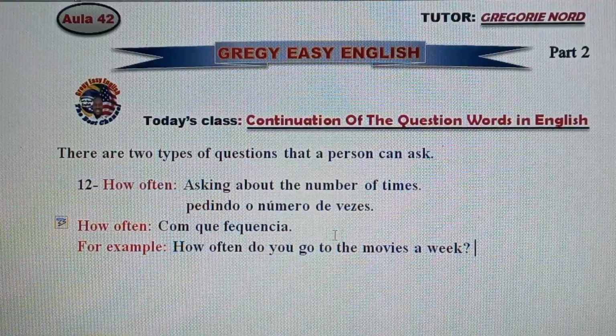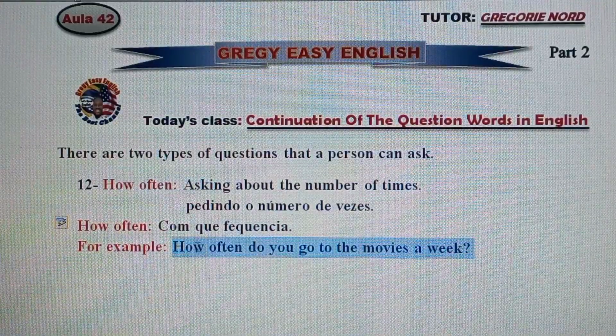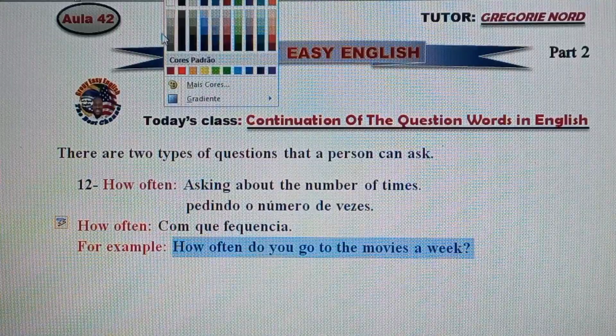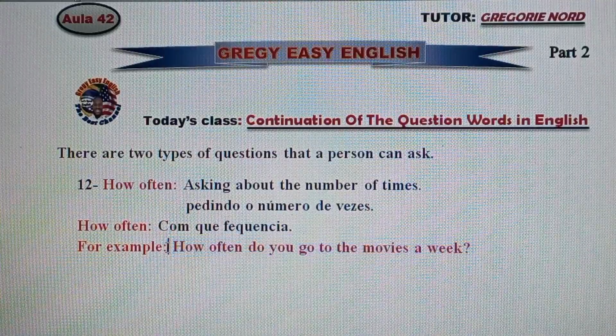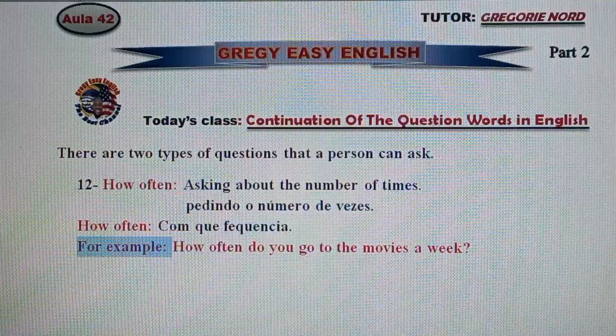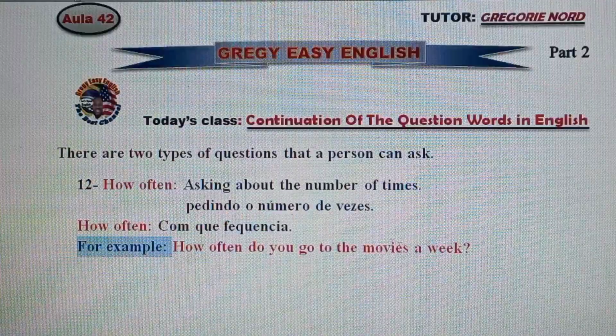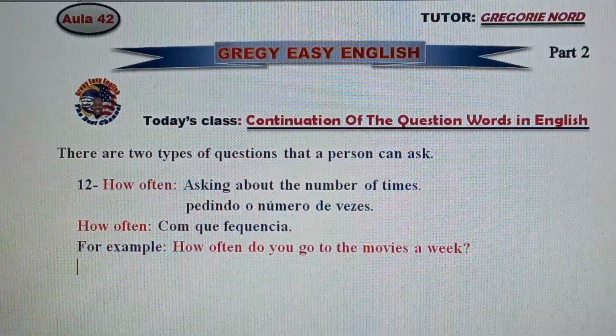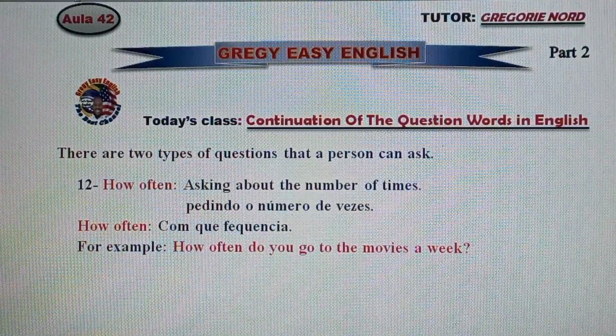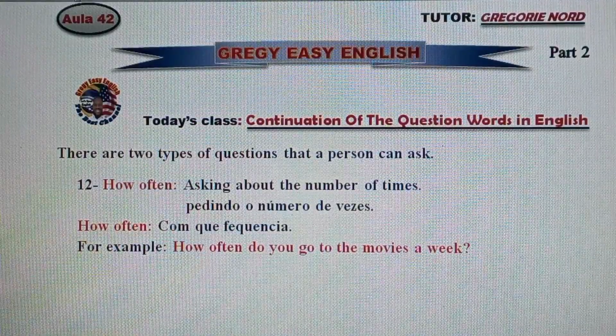How often do you go to the movies a week?